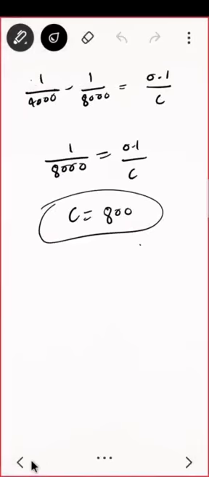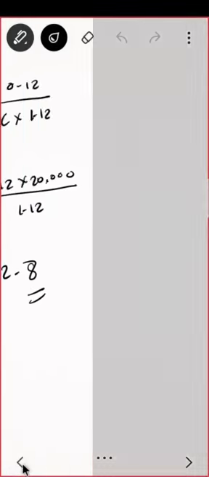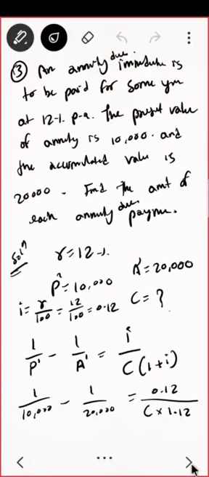This is the only type of question you will be getting. In some cases they may ask to find the rate of interest or something. एक क्वेश्चन करते हैं rate of interest का. This is the fourth one.